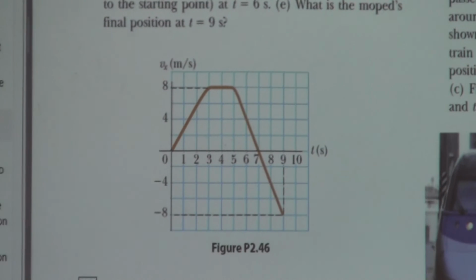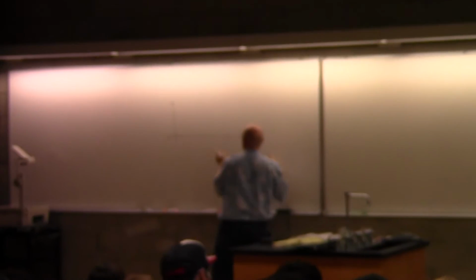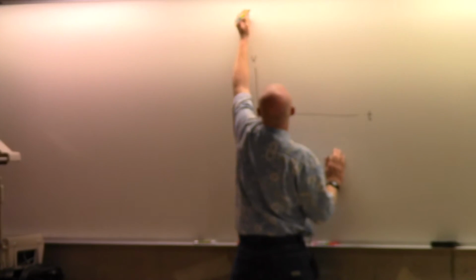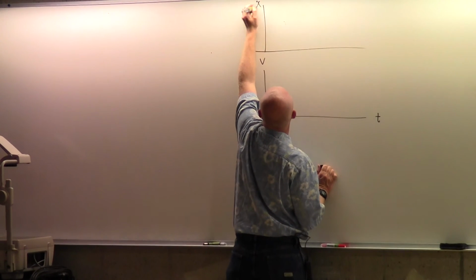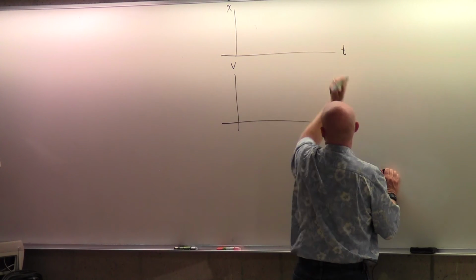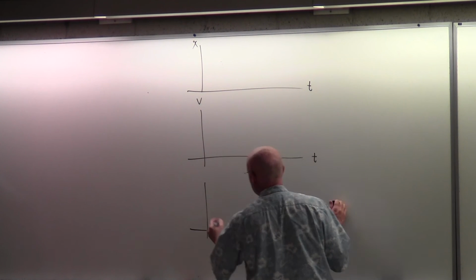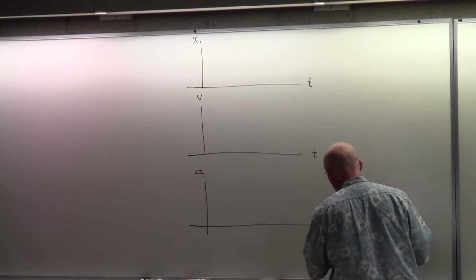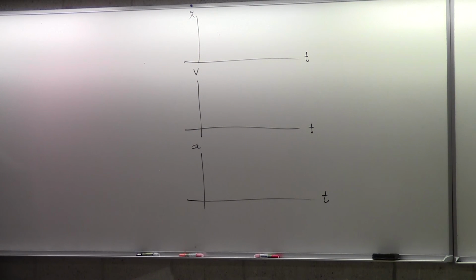So let's see. I don't really have graph paper here, but I can put velocity versus time here. Right above it, I can put position versus time. And as they ask, right below it, I can put acceleration versus time.